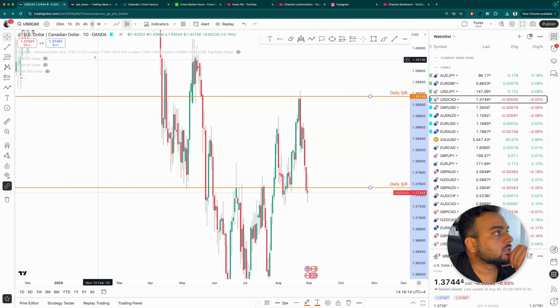So there are two trades which I think I can look into right here. One, I want to see price come down and then retest this area again and then sell.